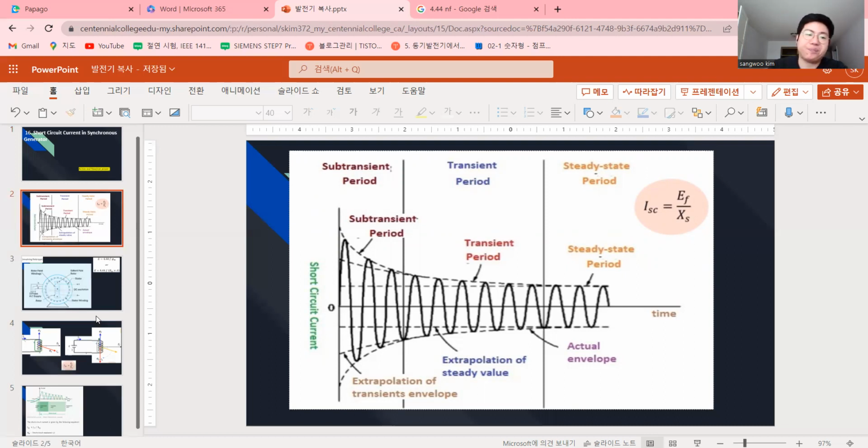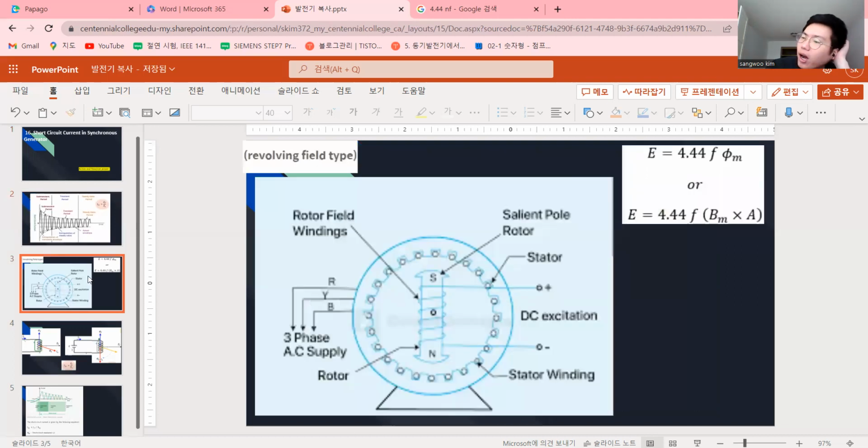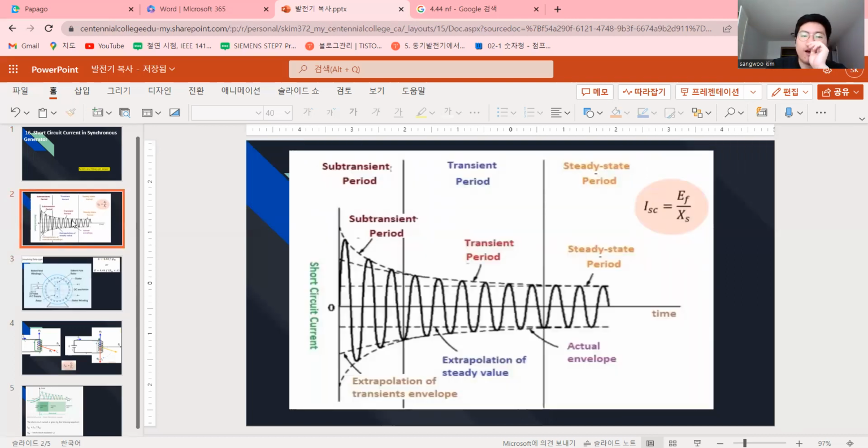In the sub-transient period, the current's magnitude is almost 5 to 10 times bigger than in the steady state period. This picture does not look exactly like that, but what I mean is in general terms.